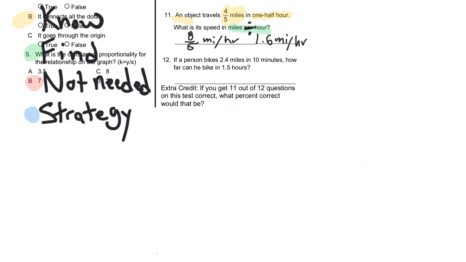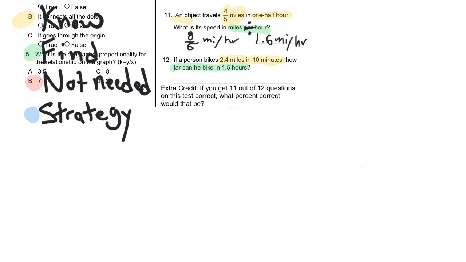Okay, so number 12 says, if a person bikes 2.4 miles in 10 minutes, how far can he bike in 1.5 hours? Okay, so what do we know? We know 2.4 miles in 10 minutes. What are they asking us to find? How far they can go, it's the question, right?